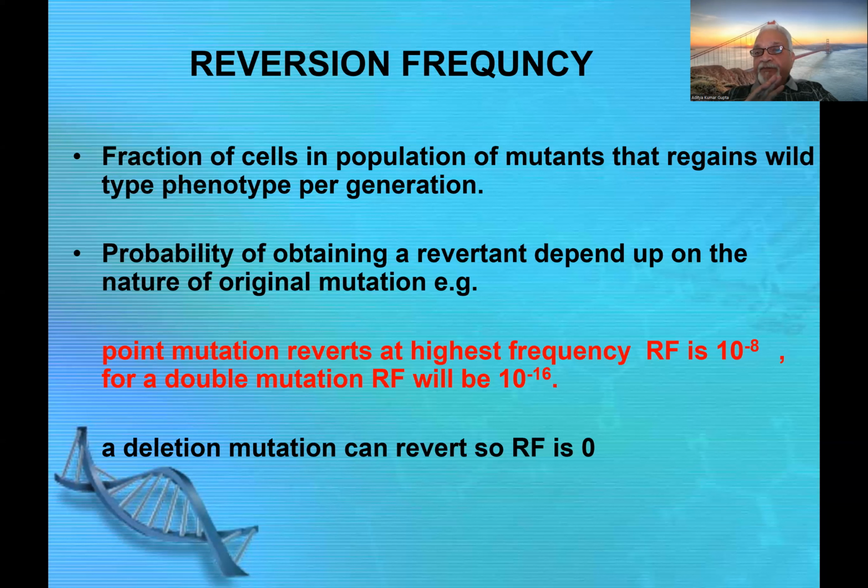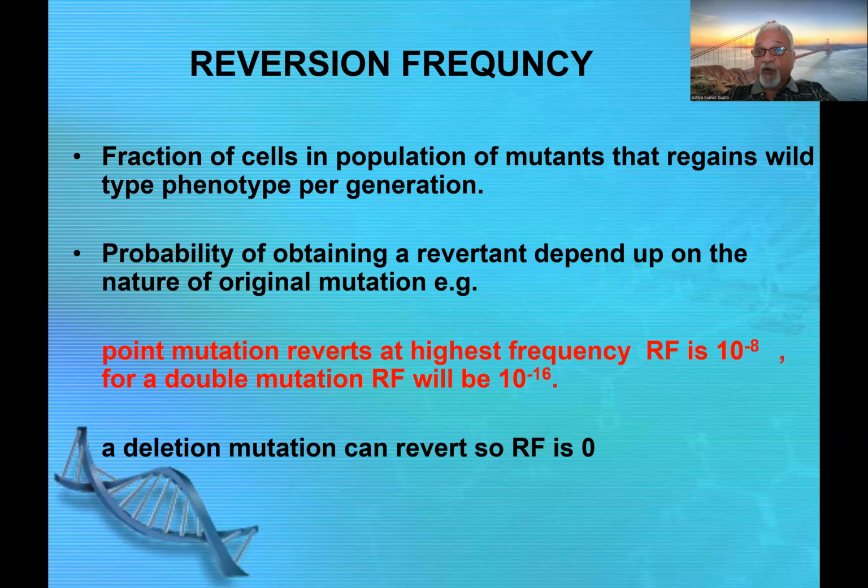Okay, but if the reversion is single or double, involving one or two nucleotides, then it is possible to have reversions. Okay, so this is another aspect of reversion, that by looking at reversion frequency, we can know what kind of mutation the previous cell has undergone.